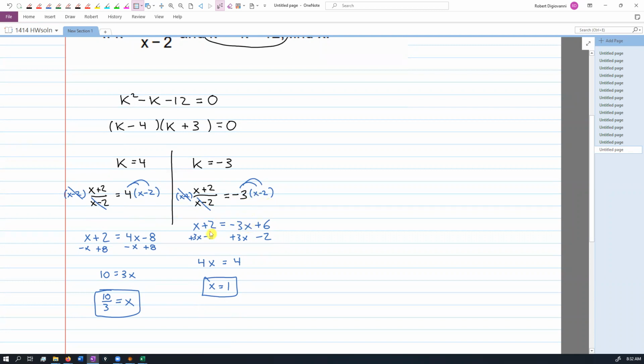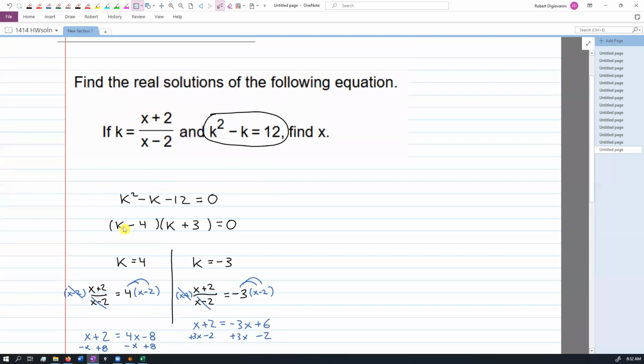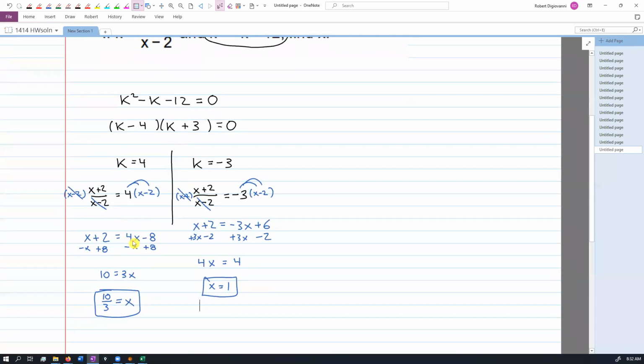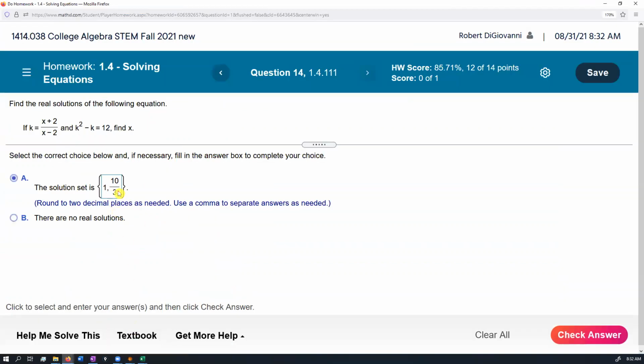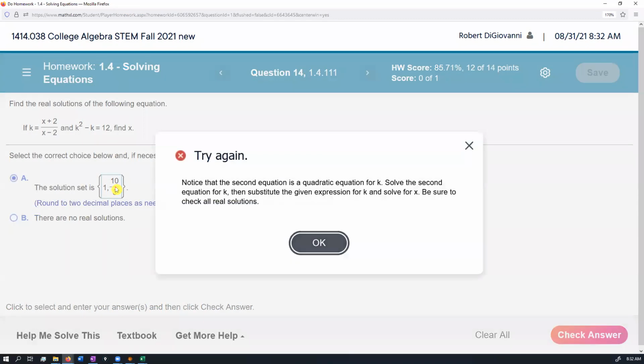Subtract 2, 4. Add 3. That looks okay. Hold on, let me see this side. 4x minus 8. Add 8. What the heck? Let's see what it says. Let's just put the answer in again.